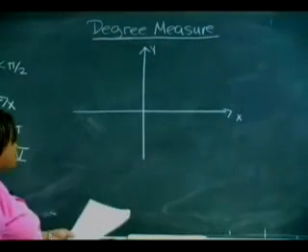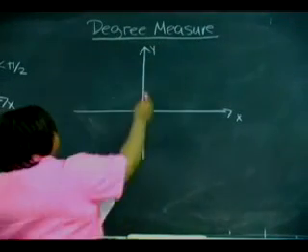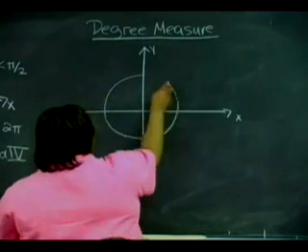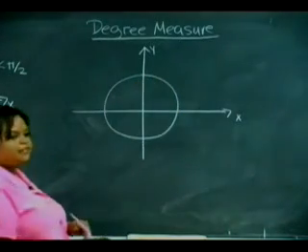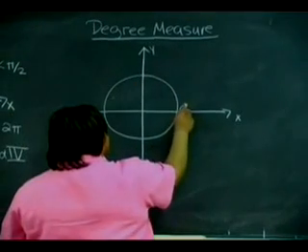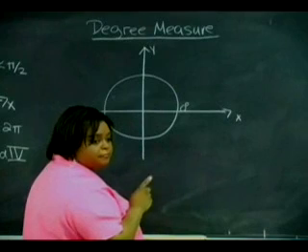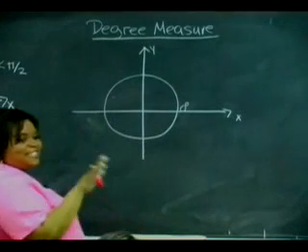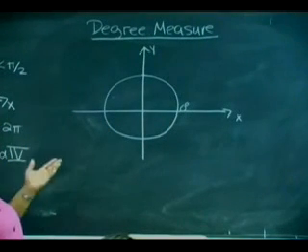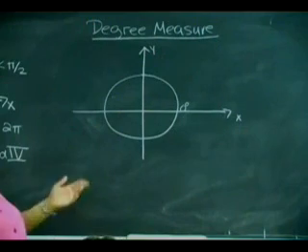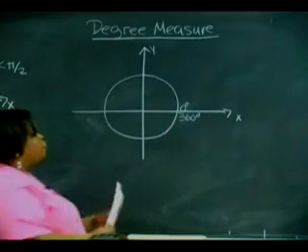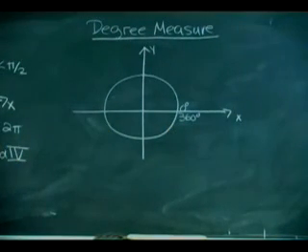Degree measure is something that we probably can think about more so than radians, okay? With a degree measure, 0 is still 0. We know 360 degrees represents the whole circle. So a full revolution is 360 degrees, just like a full revolution over here was 2 pi.